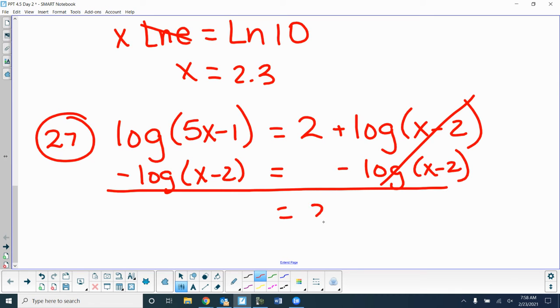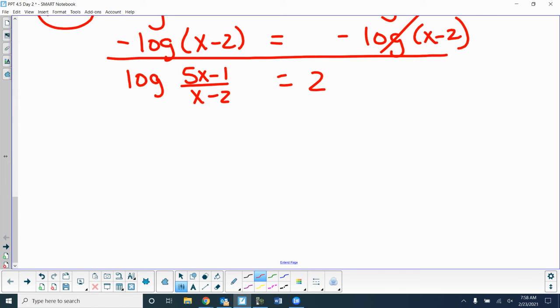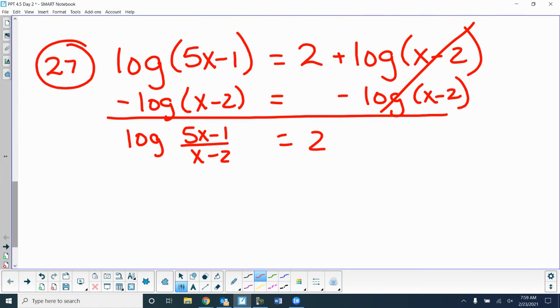So all I got left over here is a 2. And then how do we do subtraction of logs to condense it? What do I do with the two numbers? Divide them, right? So this will be log of 5x minus 1 over x minus 2. So now that's the problem. We have a single log on the left equals the number 2.